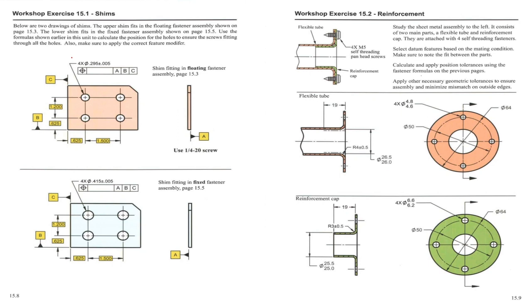Then the next exercise is of shims fitting in a floating fastener assembly. The MMC of the hole here is 0.290, and the MMC of the fastener, for the 1/4-20 screws given in this book, is 0.250, which gives us a size of 0.04.